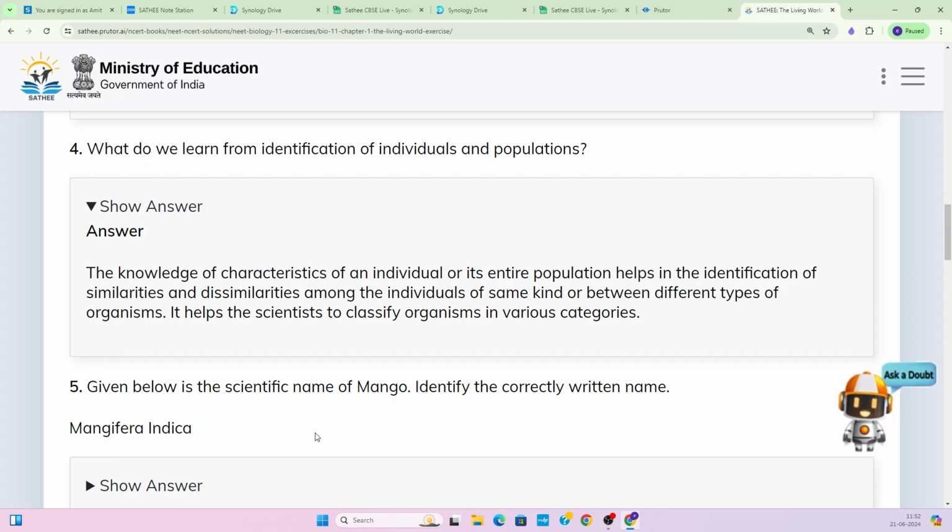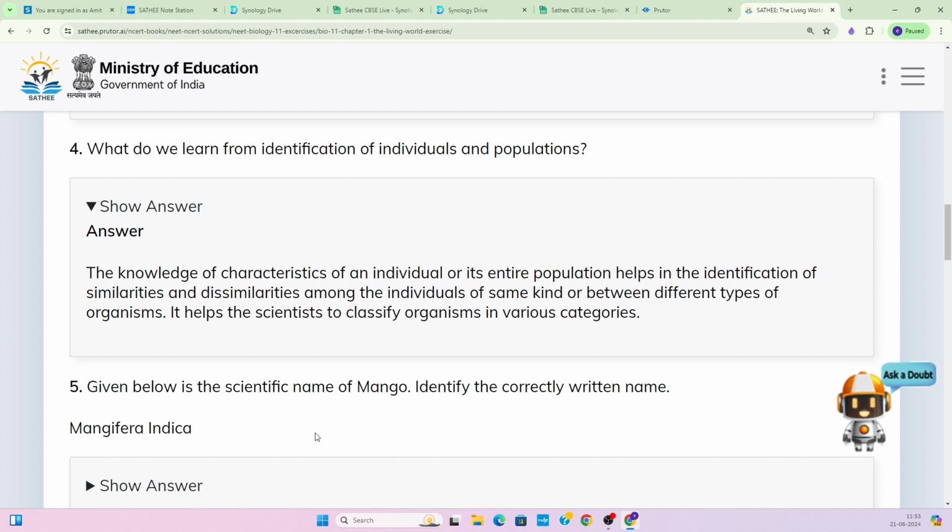Population means that. If you have one particular individual, one species, then you can note down the characteristics of that individual. Or if you are studying any population, then you can write down the characteristics of that particular population, right?